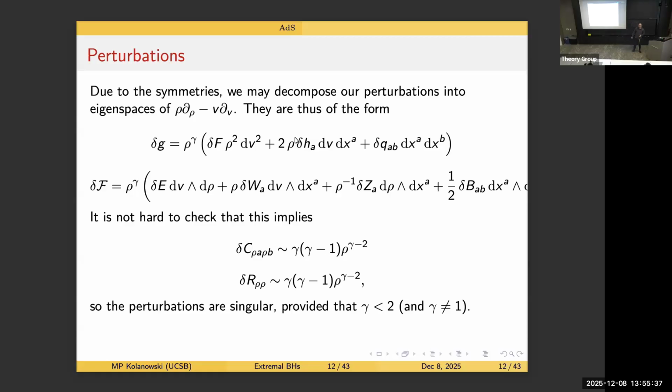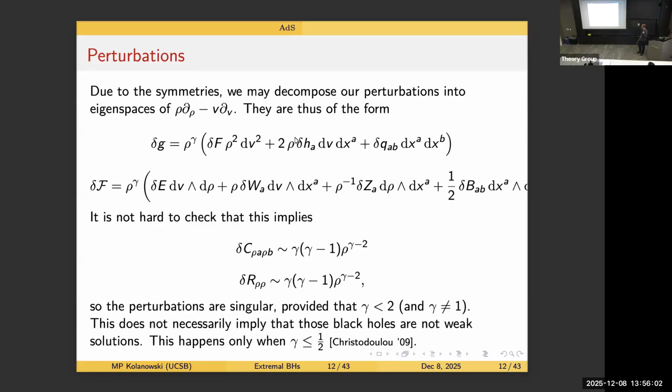And it's not hard to check that with this power, in particular, the Y tensor is going to behave like rho to the gamma minus 2 with some prefactors, so that if gamma is either 0 or 1, then things are smooth. But if it's not one of these two cases and rho is smaller than 2, we have a singularity here.